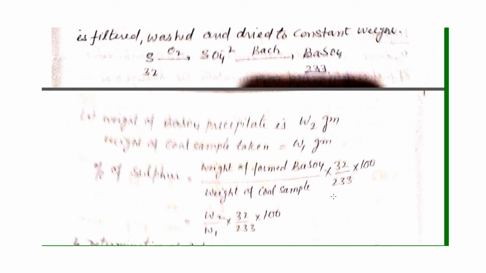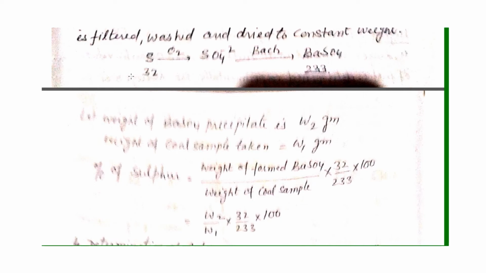As we know, the atomic weight of sulfur is 32, and on oxidation it gives sulfate, then on reacting with HCl it makes H2SO4, and on reaction with barium chloride it ultimately makes BaSO4 as the final product. The molecular weight of BaSO4 is 233.